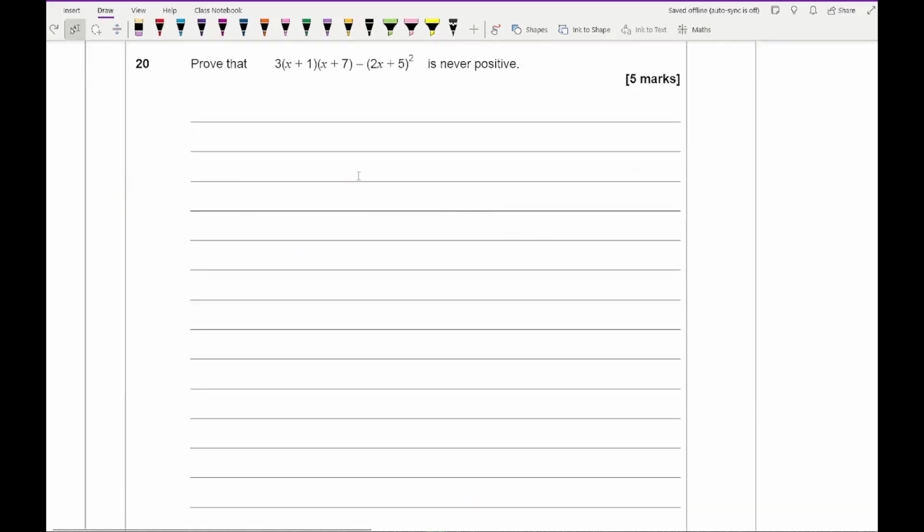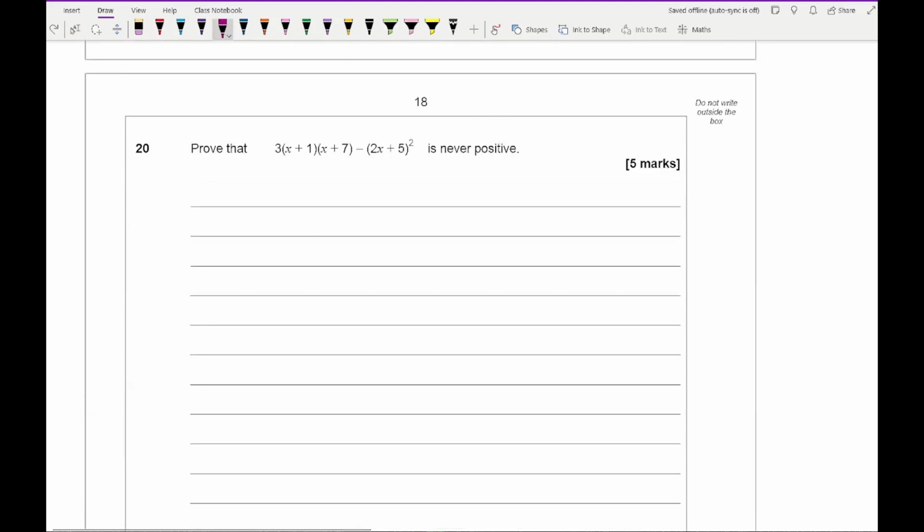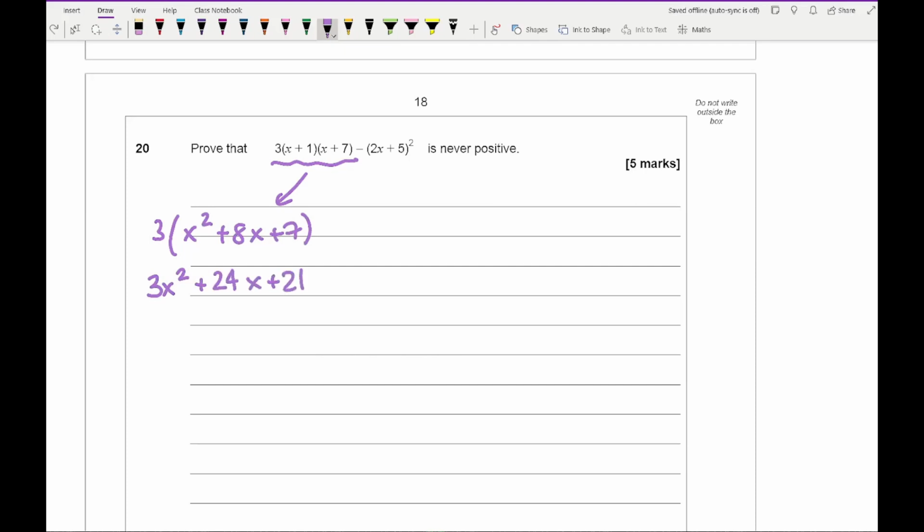Moving on to question 20, it says prove that this expression is never positive. So for this, first of all we need to expand some brackets. If I take this bit here to begin with, so I've got 3 times. Now if I multiply out those brackets, I'm going to get x squared plus 8x plus 7. Multiplying everything by 3, I get 3x squared plus 24x plus 21.